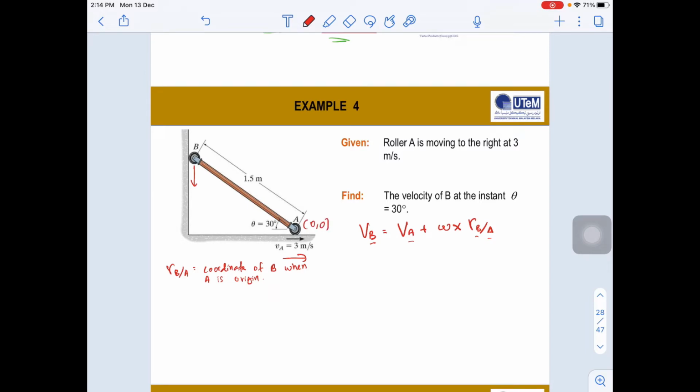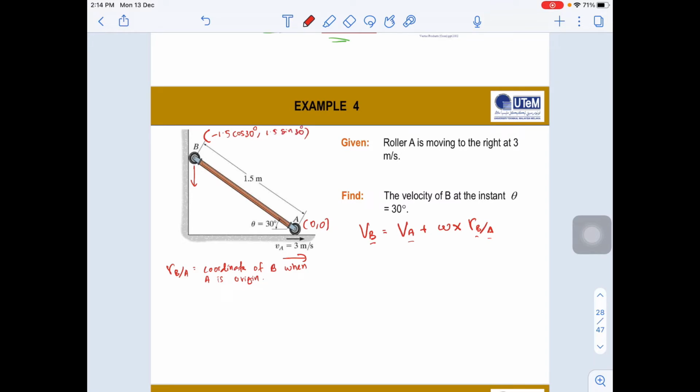So what is the coordinate of B? B should be minus 1.5 cos 30 and plus 1.5 sin 30.